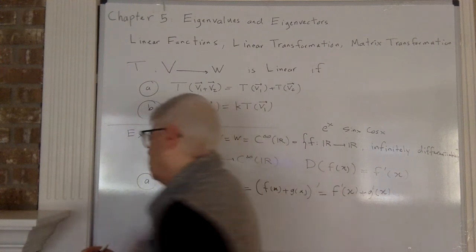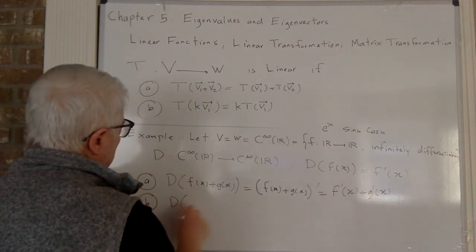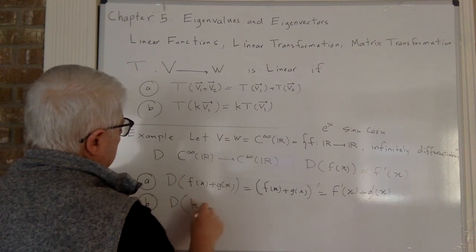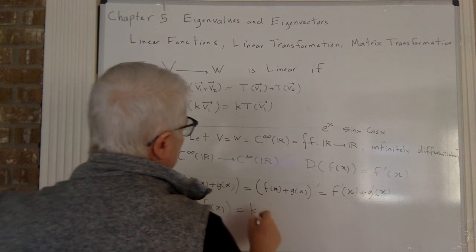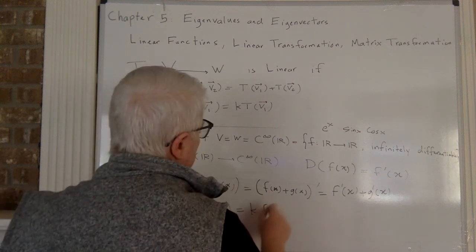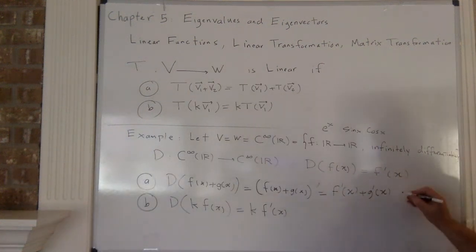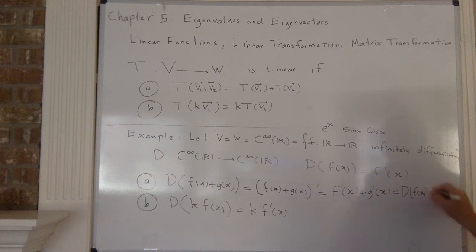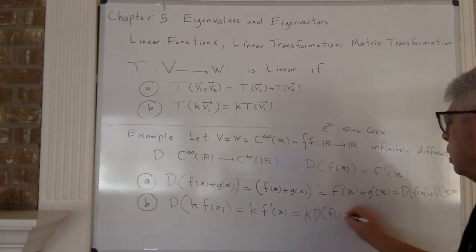And I also know that the second one is true, well, let's just check it, d of some constant k times a function f(x). We know that this is simply k times f prime. So this top one means that this is in fact d of f(x) plus d of g(x). And this one is k times d of f(x).